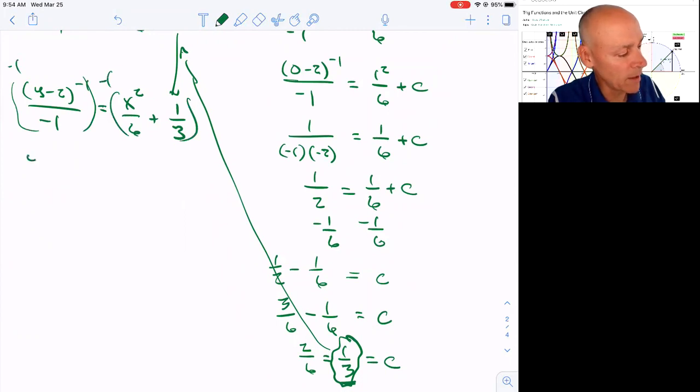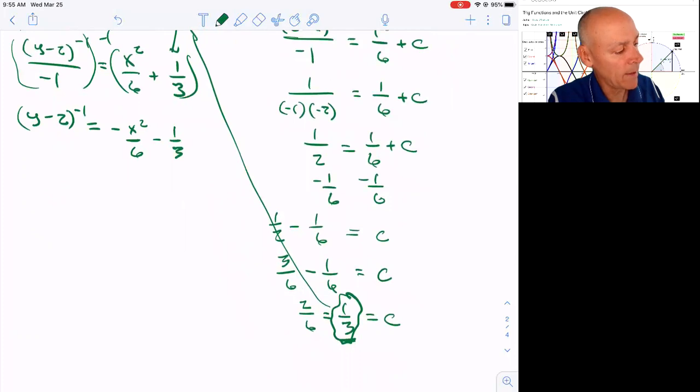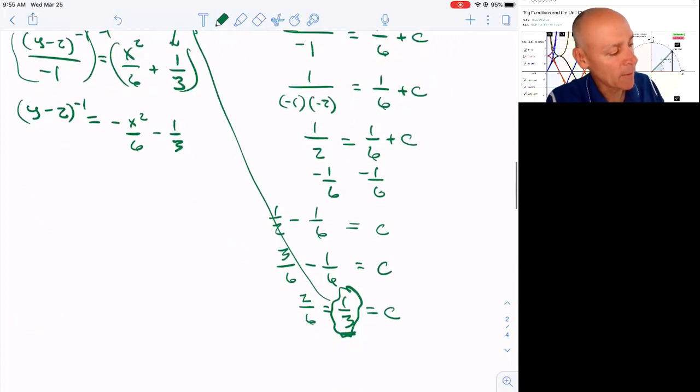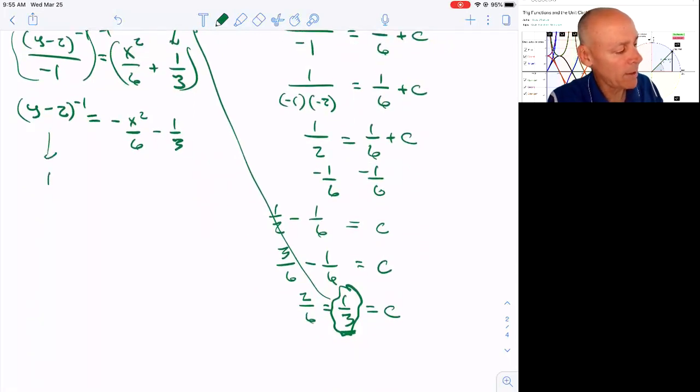This is going to give me y minus 2 to the negative first is equal to negative x squared over 6 minus 1/3. And in essence, what I'm going to do is write this as 1 over y minus 2 is equal to my right side, negative x squared over 6 minus 1/3.